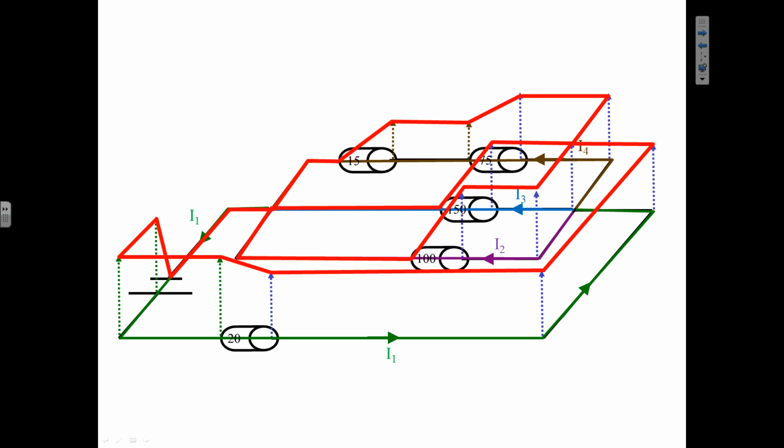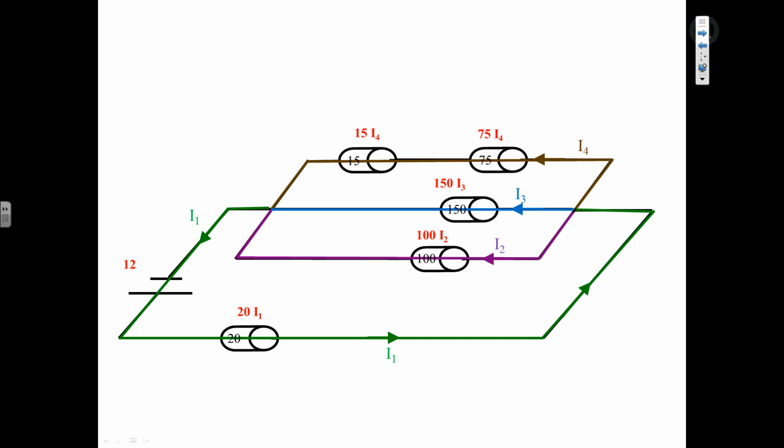It's underneath. And then, of course, I labeled my slopes thusly, using Ohm's law. And remember, if it's easier for you to see, you could always set it up like that.